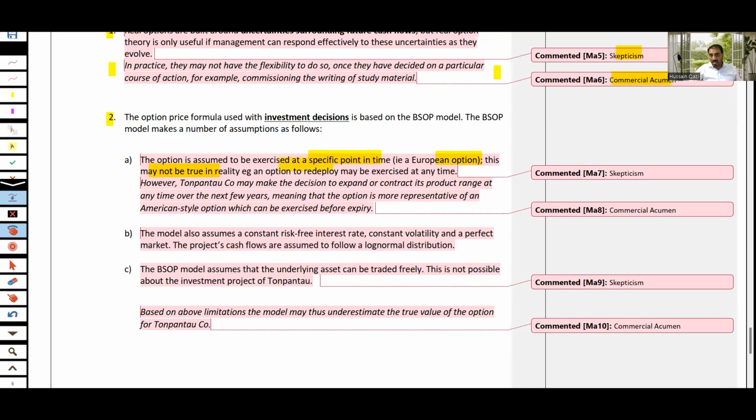For example, the option to redeploy may be exercised anytime. Here in the case, however, Tonpantau company may decide to expand or contract its product range at any time over the next few years, meaning that the option is more representative of an American style, which can be exercised before expiry. So one point is skepticism, and simultaneously you are working with commercial acumen.